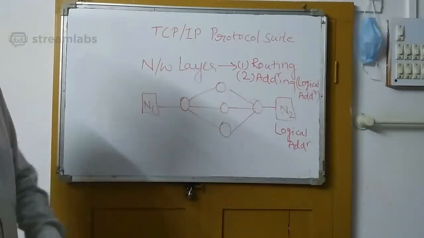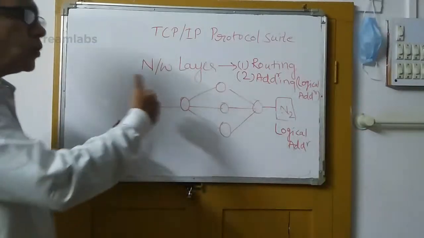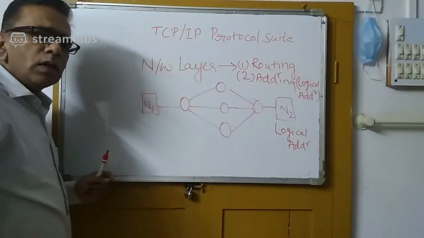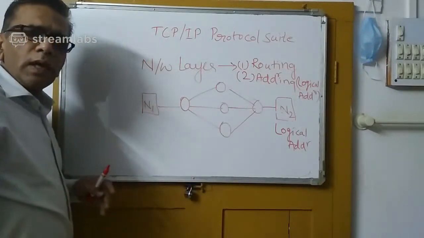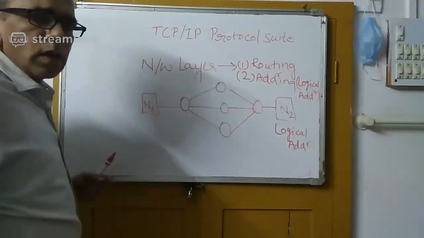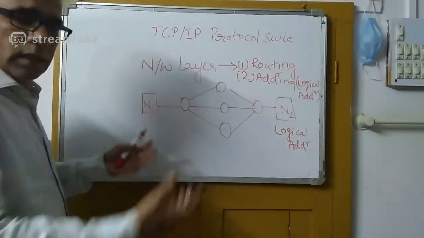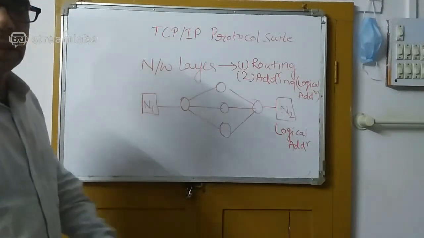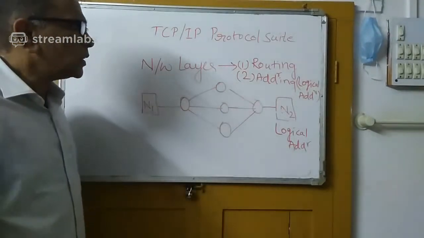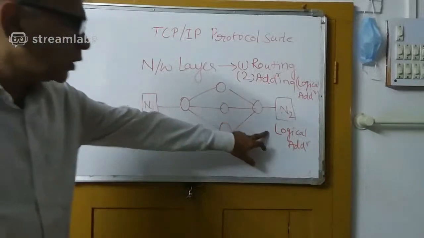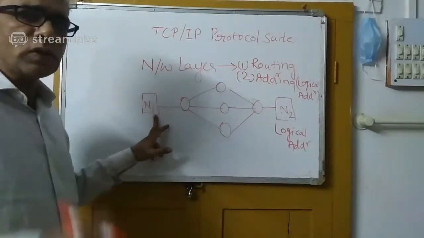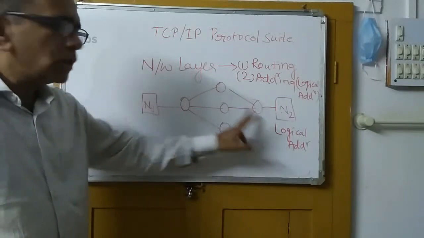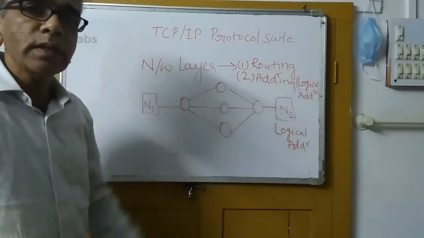That is one more question that we will see later, because once I finish discussing all these layers, I'll go back and discuss how nodes get their logical addresses. Now it should know the logical address, and once it knows it, it will decide the path to be selected.